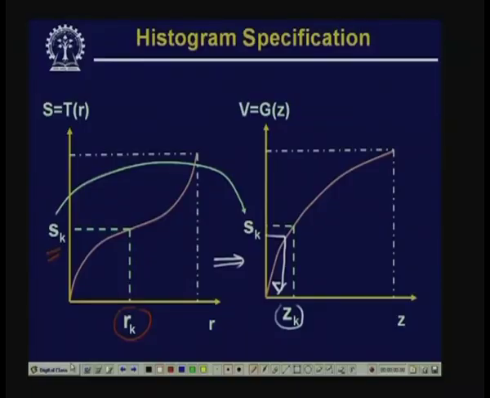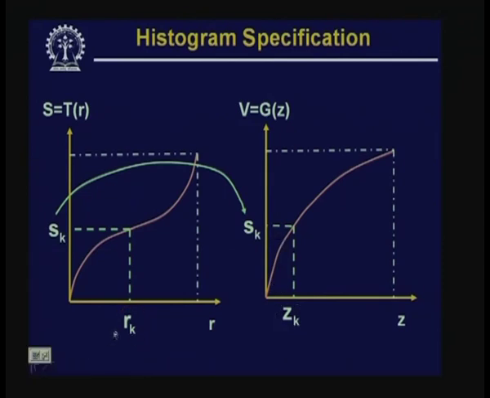But in the discrete domain, this particular case can be simplified, in the sense that both these transformation functions, that is S equal to Tr and V equal to Gz, can actually be implemented in the form of arrays. So, the arrays are like this.